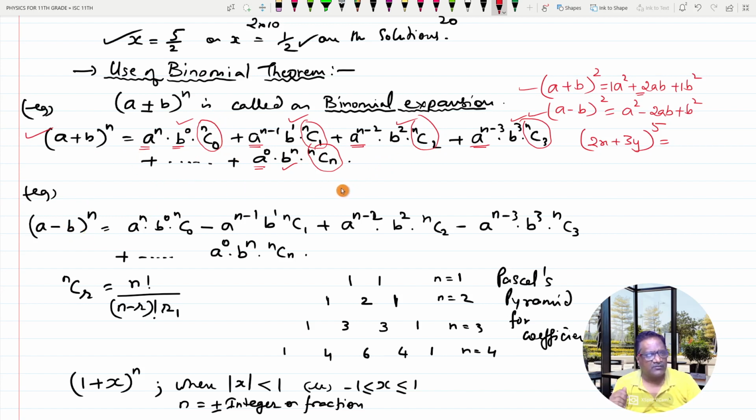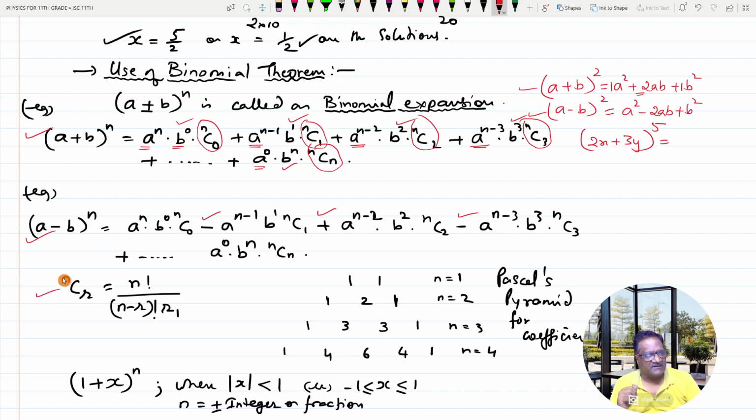Only here you have to take care that after the first term you will get a negative, then alternately you will have to put positive, negative, positive, negative that way. Otherwise, all these terms will remain the same: a raised to n, b raised to 0, nC0. So these two are very general formulas of binomial expansion: a plus b raised to n, a minus b raised to n.